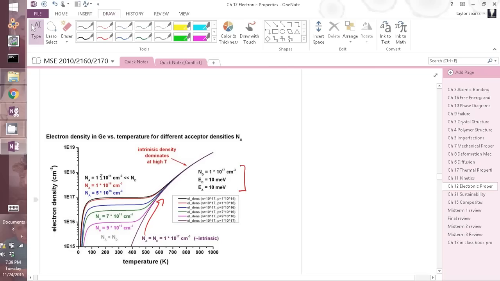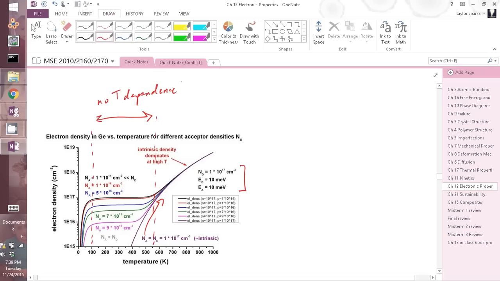Until for this black line up here, the number of acceptors is much less than the number of donors. And see how the temperature dependence changes from roughly this region until roughly this region. This temperature region has no T dependence.